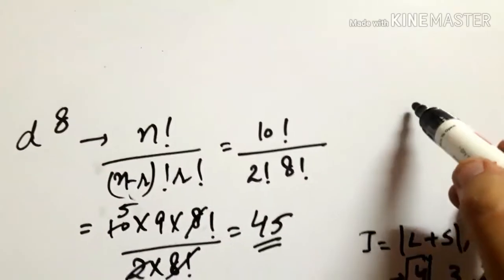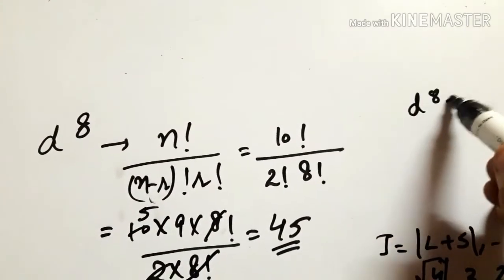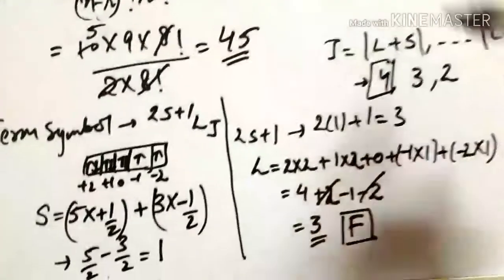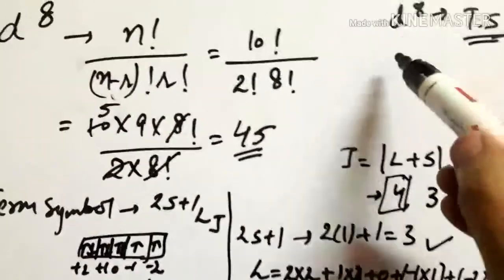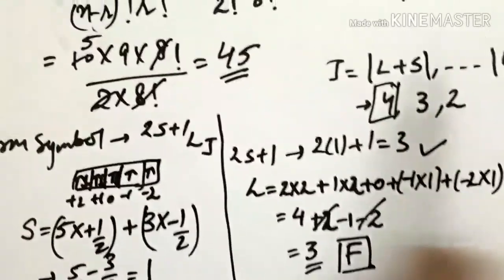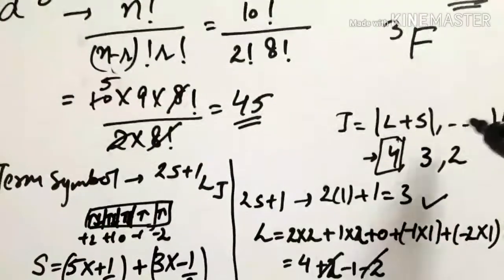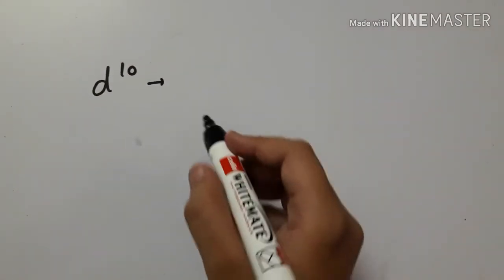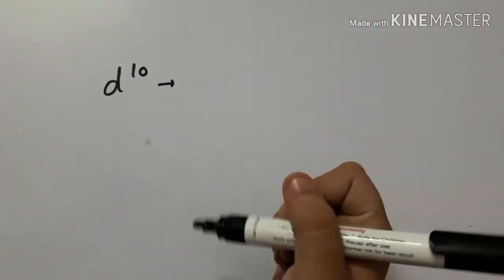So the term symbol for D8 can be written as 2S plus 1, that is 3, so 3 and F, the value of L, and J, that is 4. Now for D10, we will find the microstate as well as the term symbol.